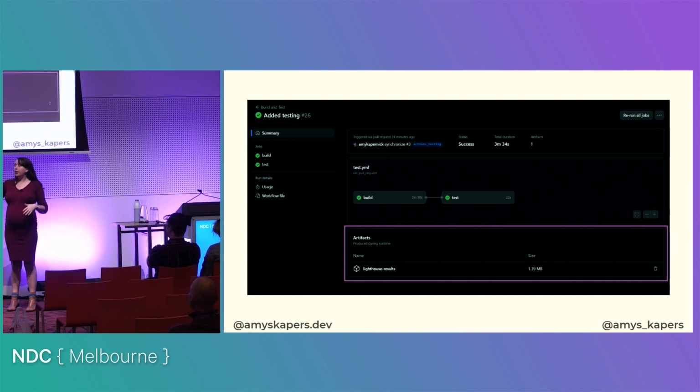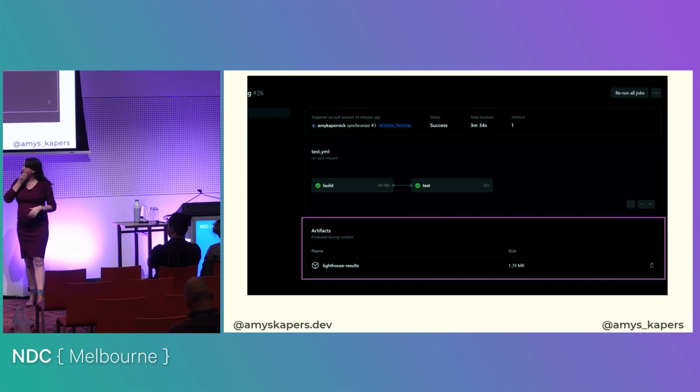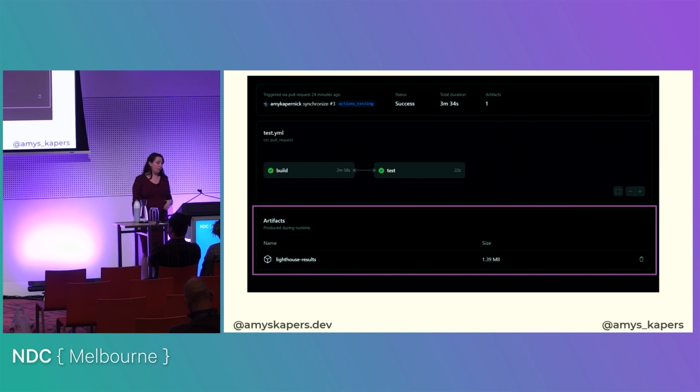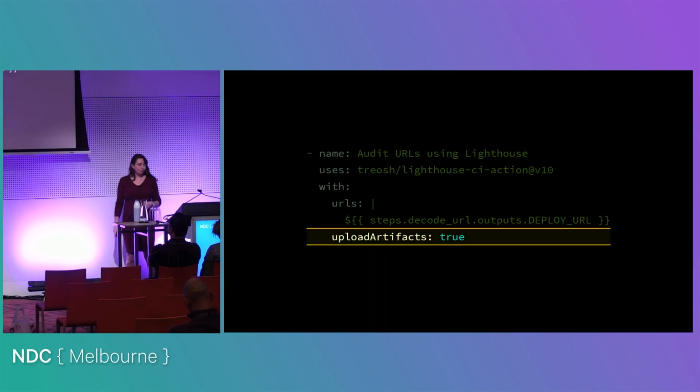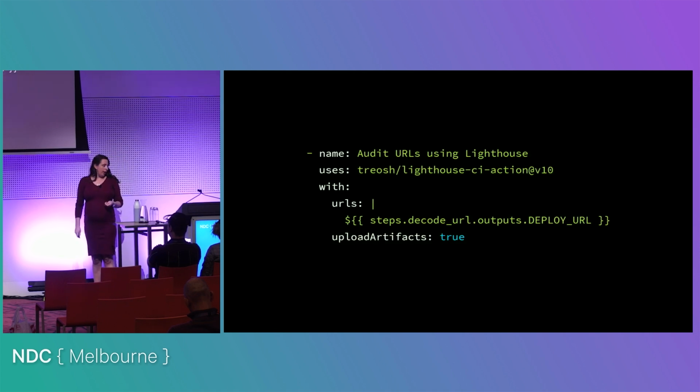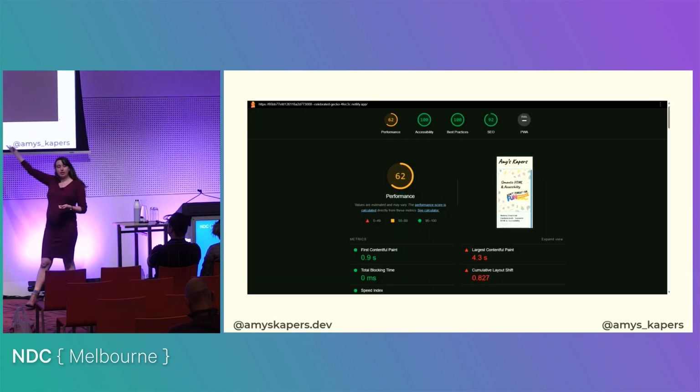Once it goes through and runs the action, we then have a section called artifacts, and it will give me the report that it's uploaded available to download. So this is because we said upload artifacts is true, and I can then access my report, which tells me that I probably need to do a bit of work on the performance side.